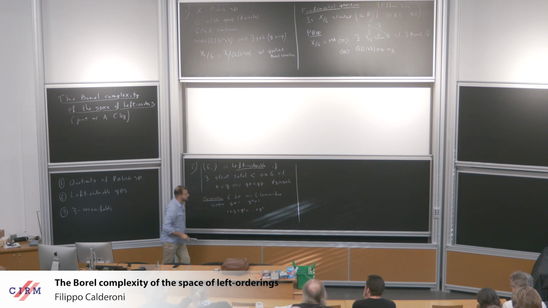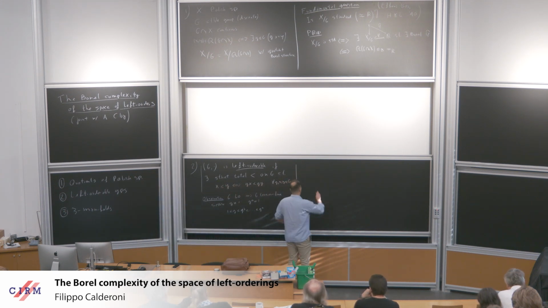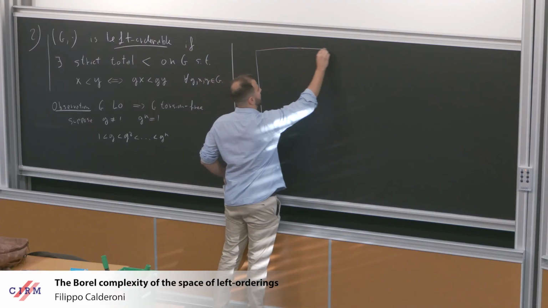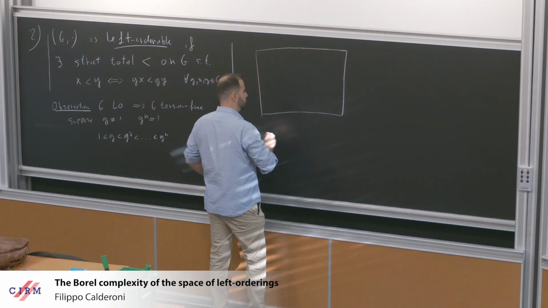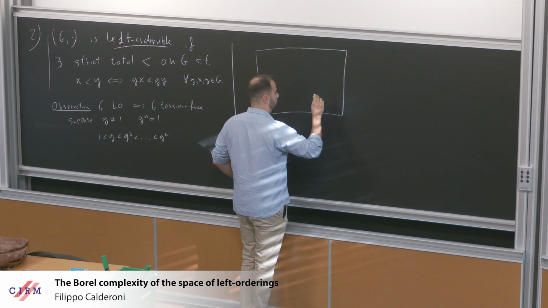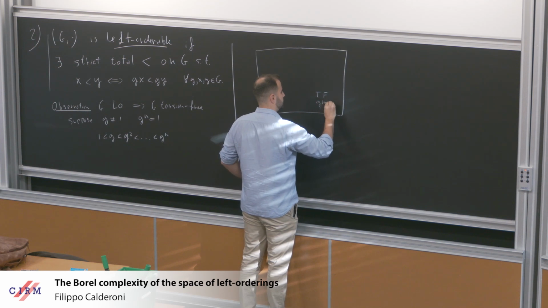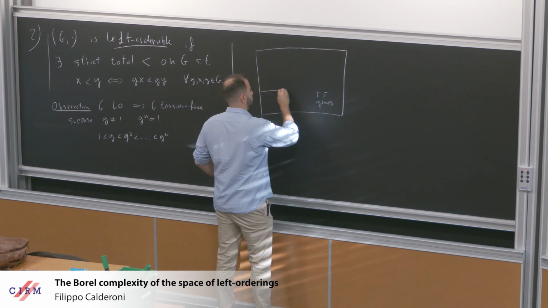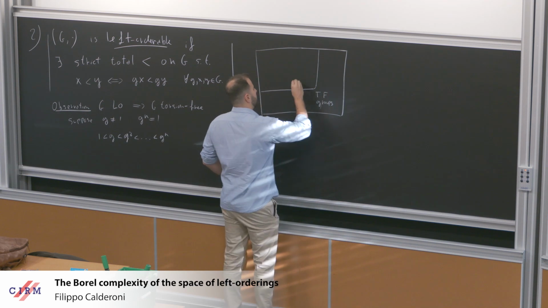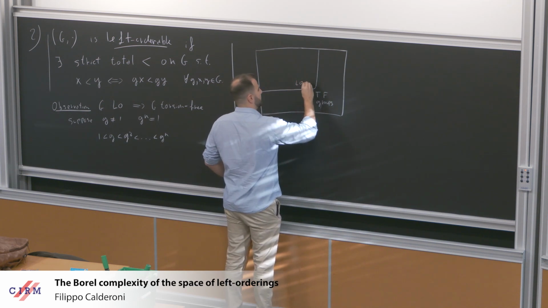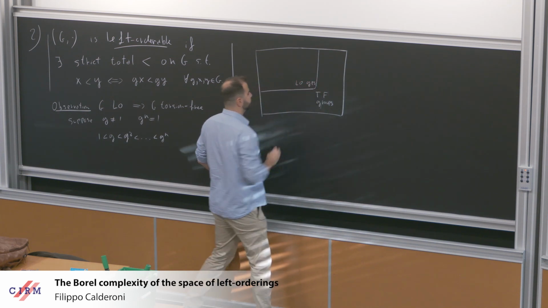So this is a natural notion that strengthens torsion-freeness. One can indeed stratify the class of torsion-free groups in terms of order properties. If here we have torsion-free groups, contained in it is the class of left-orderable groups.